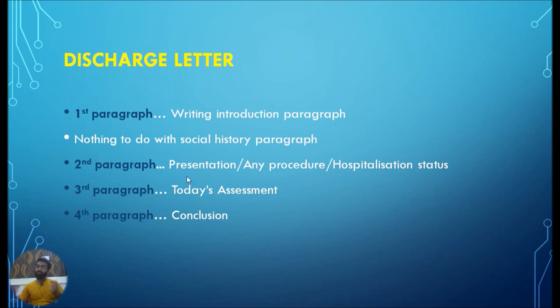The second paragraph would be the presentation. If there is any procedure or diagnosis given in the case note, we will mention that diagnosis, that presentation, and that procedure. Then we will mention only relevant things from the hospitalization, like which procedure was done, what the post-operative care was, what the nursing care was, what the diagnosis was, what the hospitalization status was, which tests were done, and which medication was prescribed. In the third paragraph we will write about today's assessment.